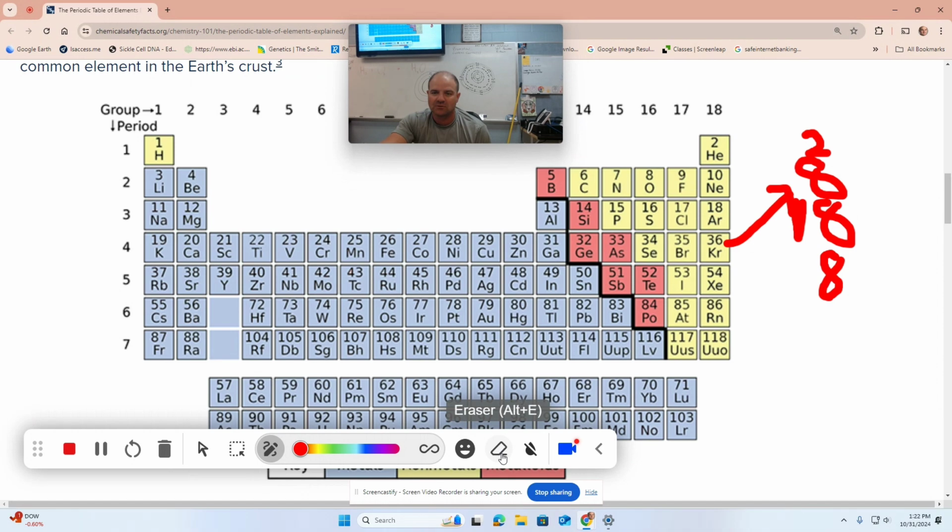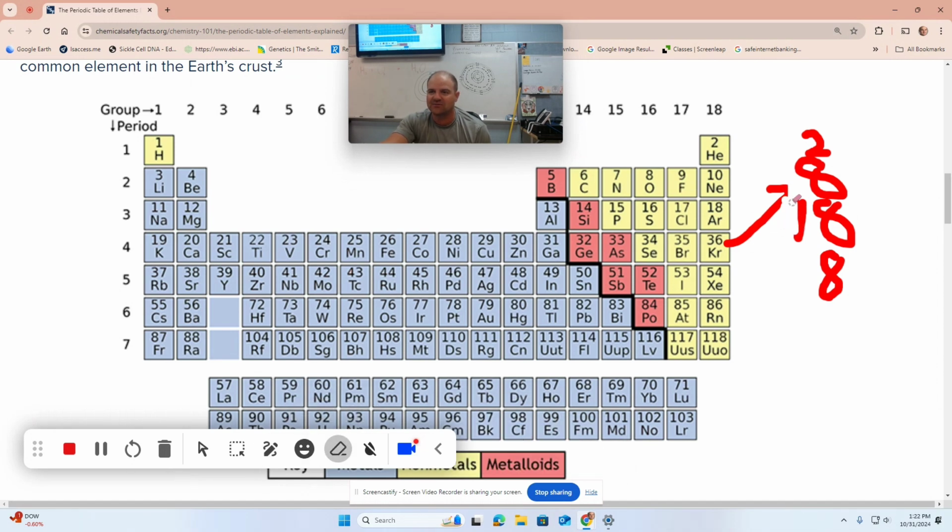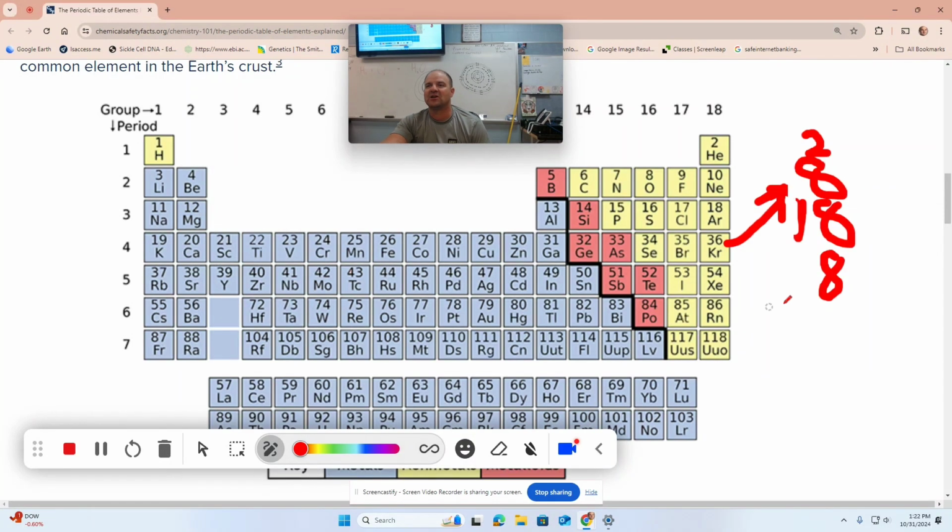Okay? So let me restate this for you. The fourth row gets a little complicated because you can't have more than 8 in the outermost ring. Let me do it this way. You'd have 4 energy levels because we're in the fourth row.